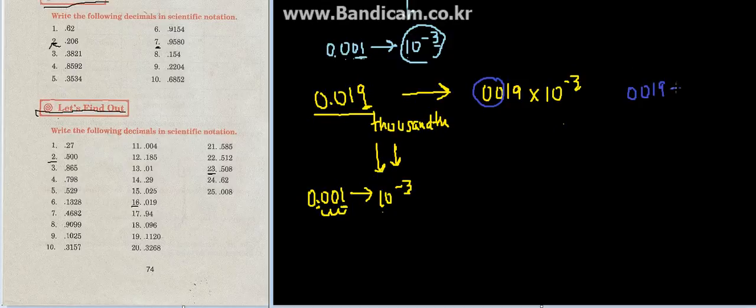So 0.019 is the same as just 19. So there is no reason to write these 2 zeros. That's why we drop them out. I'll erase them here. Then you'll just have 19 times 10 to the negative third. Okay? So that's the answer for number 16. 19 times 10 to the negative third.